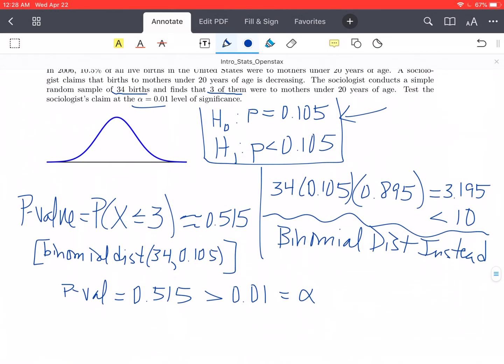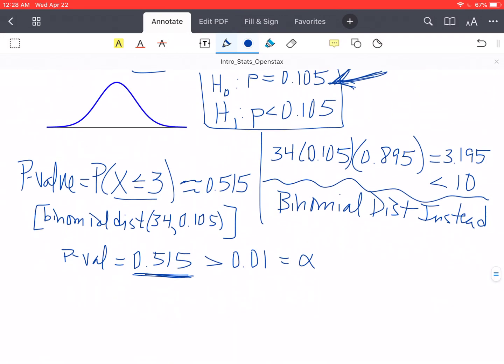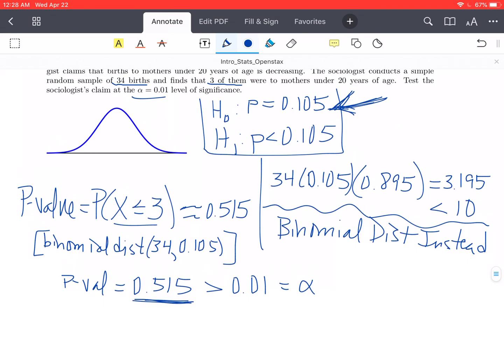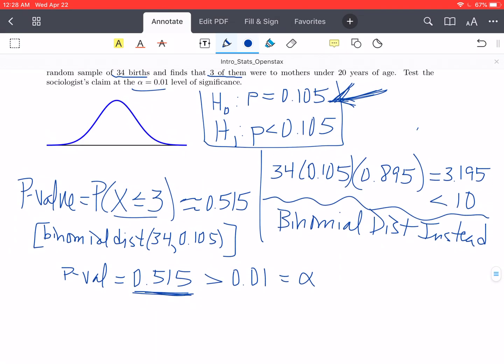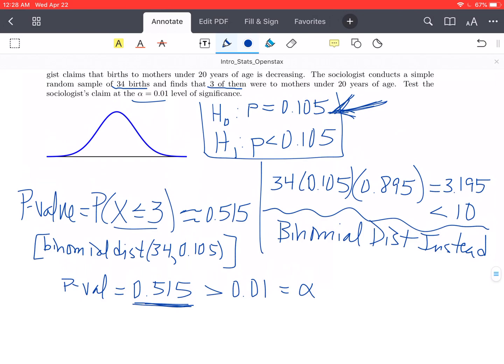Basically, if this null hypothesis is actually true, we would expect to get 3 or fewer mothers under 20 over half the time, 51% of the time, which is actually quite likely. It's more likely than not that we would get around these numbers. So not only does this not allow us to reject the null, but I would say it even goes towards supporting the null, that percentage is actually fairly accurate.